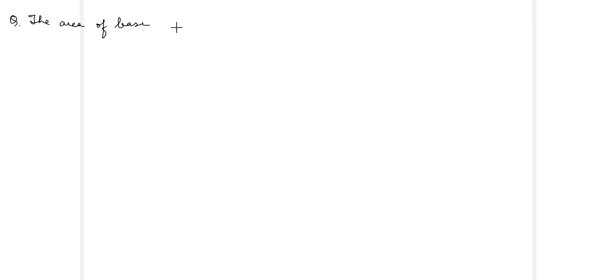The area of base of a cylindrical vessel is 300 centimeter square. Be careful of the units. The unit is centimeter square. So the first question that we did today was also there, we had to convert the units from millimeter square to meter square.